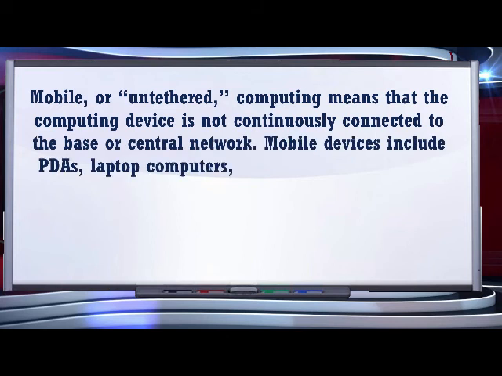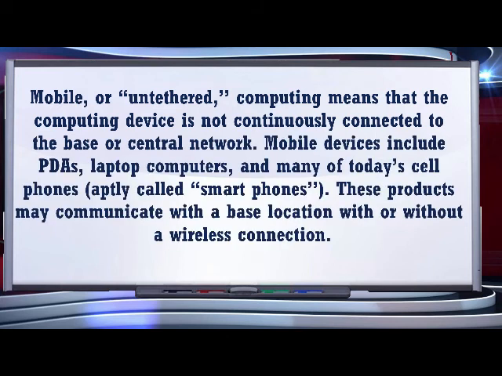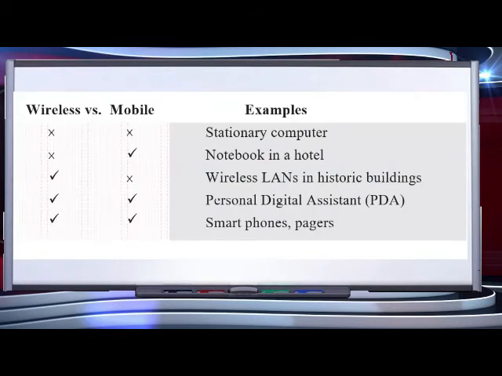Mobile or untethered computing means that the computing device is not continuously connected to the base or central network. Mobile devices include PDAs, laptops, and many of today's cell phones. The following list gives you an idea of different computing devices which can be wireless or mobile or both.